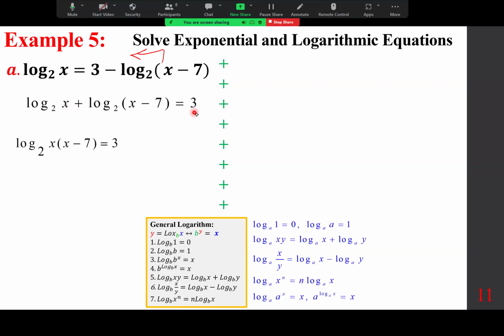Now, whenever you have a single log on one side and a number on the other, you go with the definition of an exponential. So x times x minus 7 is 2 cubed, or 2 cubed equals that. Makes no difference. So this is, of course, x squared minus 7x.